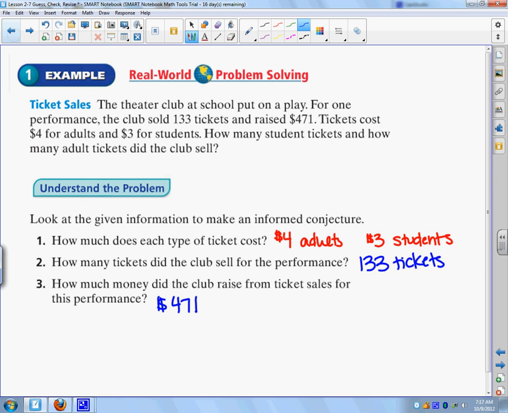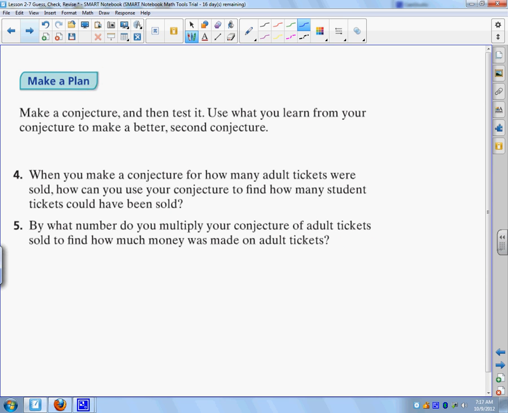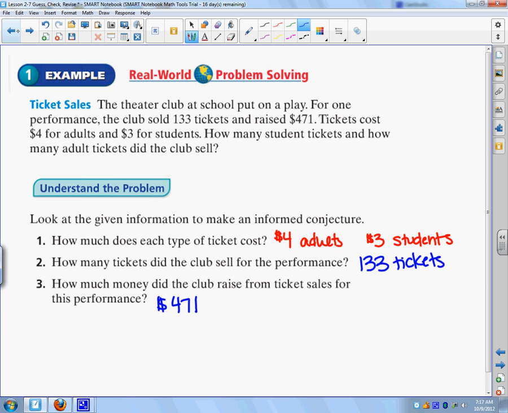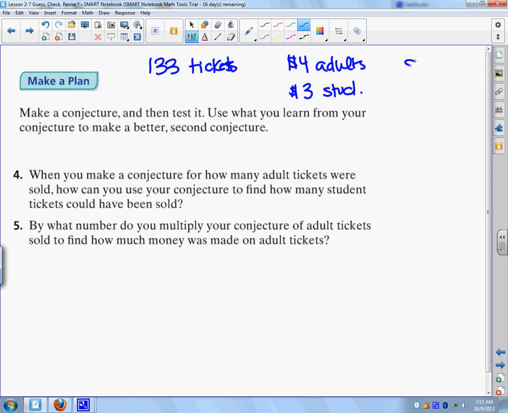How many do you think, based on the fact that they sold 133 tickets? It's $4 for adults and $3 for students, and they raised $471. Push pause, make a guess.